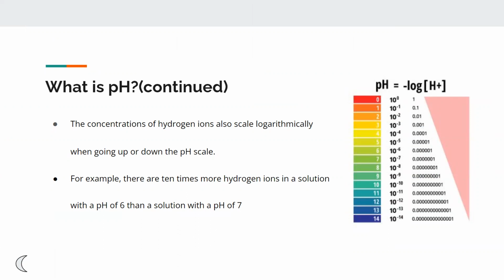And if you were to go down even more to, let's say, a pH of 5, that means it would have 100 times more hydrogen ions than a solution with pH of 7, and only 10 times more than a solution with a pH of 6. And this chart on the right basically shows that relationship, where if you go to 0, it shows that basically the whole substance is just hydrogen ions.